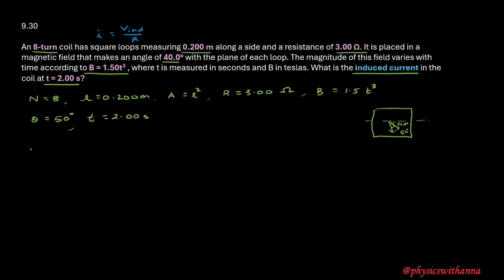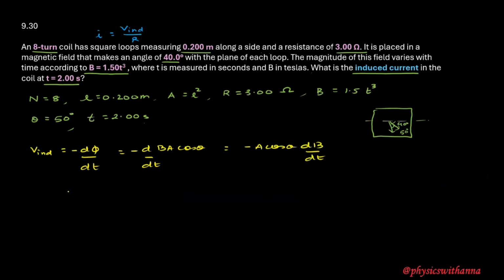We know from Faraday's law, induced EMF is negative d phi by dt. Phi you can write as negative d BA cosine theta over dt. Since only the magnetic field is changing as a function of time, we can take A cosine theta as a constant outside. So negative A cosine theta dB over dt.